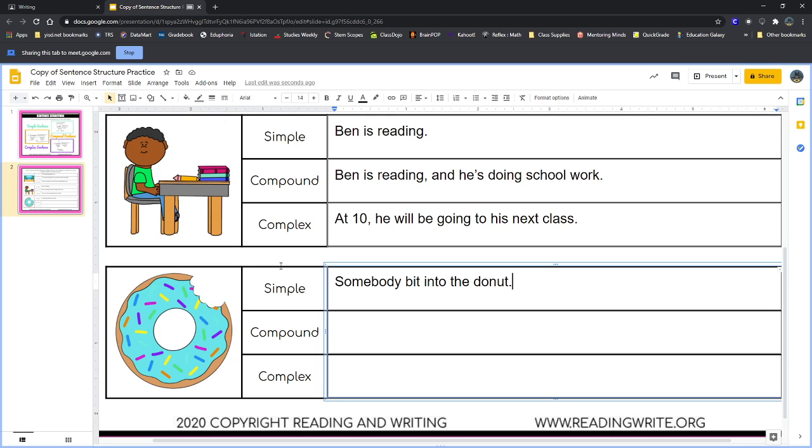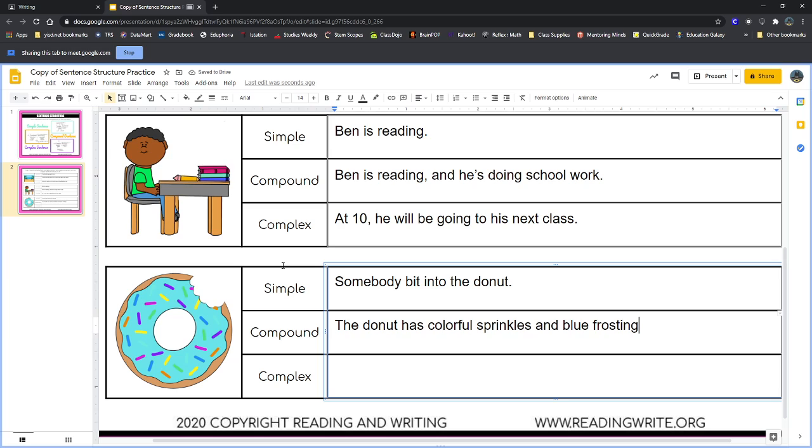So the donut has colorful sprinkles and blue frosting. I want to try to make this one a different one. So what's another sentence I could combine with that? I like that beginning. The donut has colorful sprinkles and blue frosting.